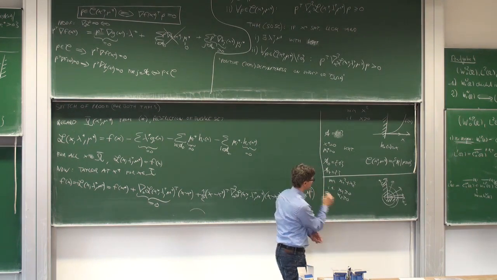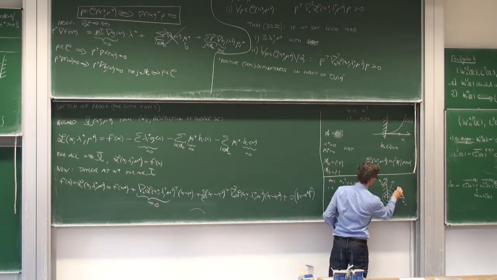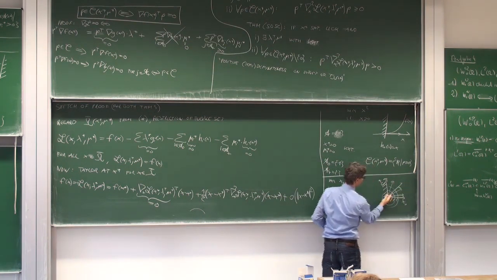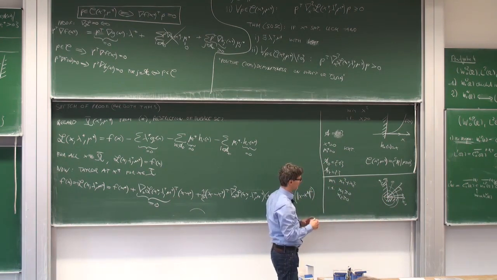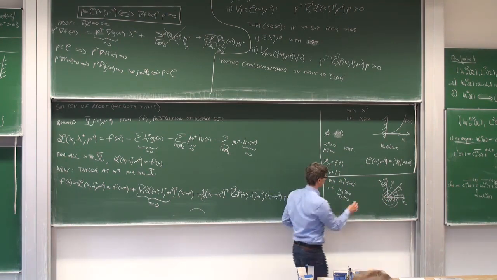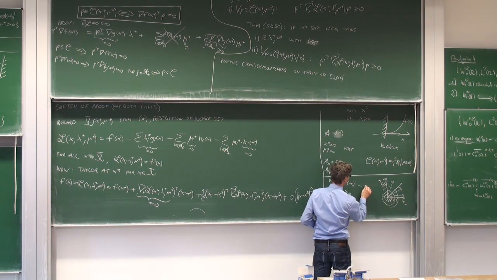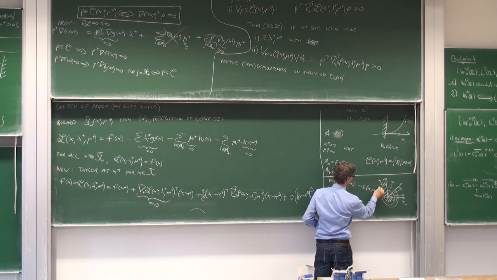So how do I do that? I want to add some term which is not adding anything on the line where x1 and x2 are the same. So if they are the same, I don't want to add anything. So I would have something like minus epsilon times (x1 minus x2) squared.